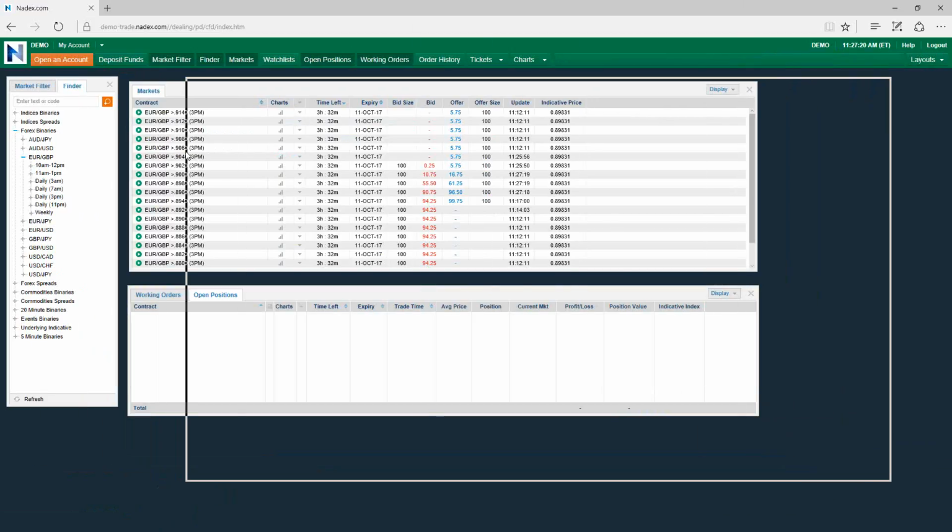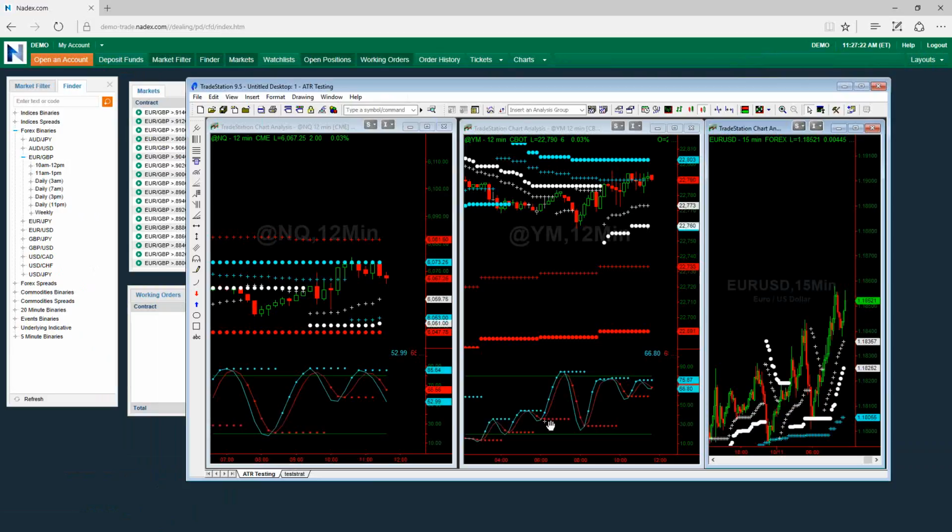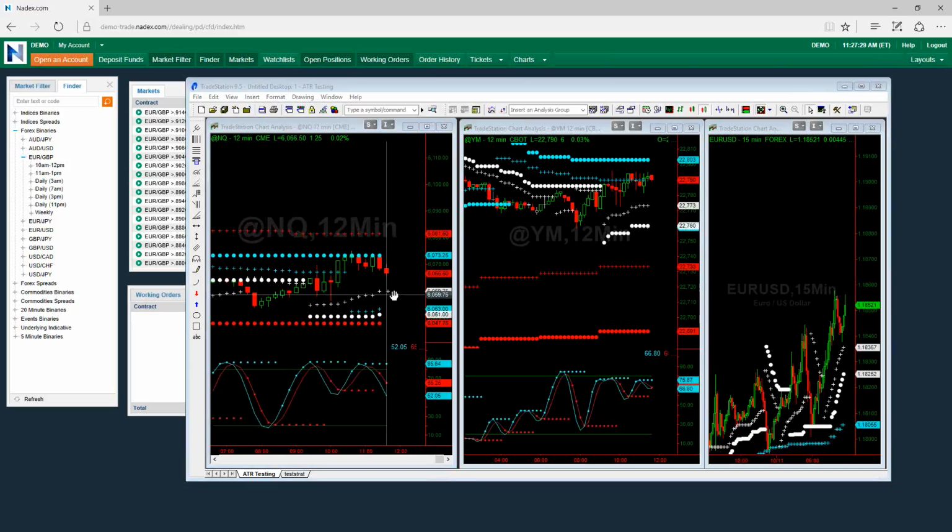If you're looking at the indices, to me it would be more logical to wait for this to come down to this ATR at 60.59 before I decided to take an entry. Right now we're in the middle of nowhere, and we already see that the market is not moving.